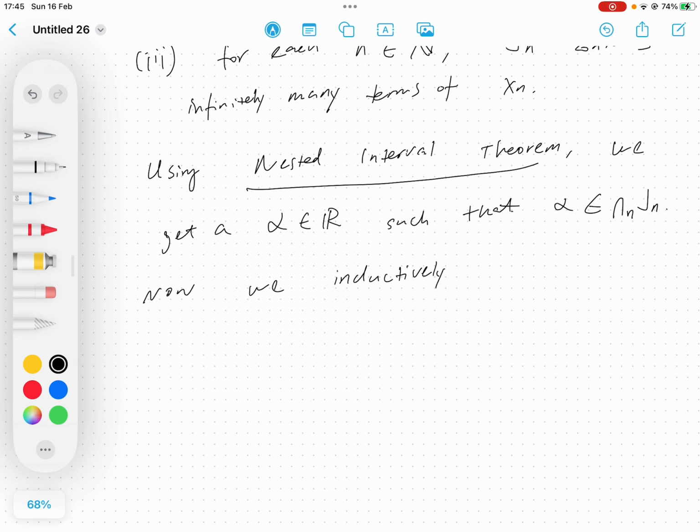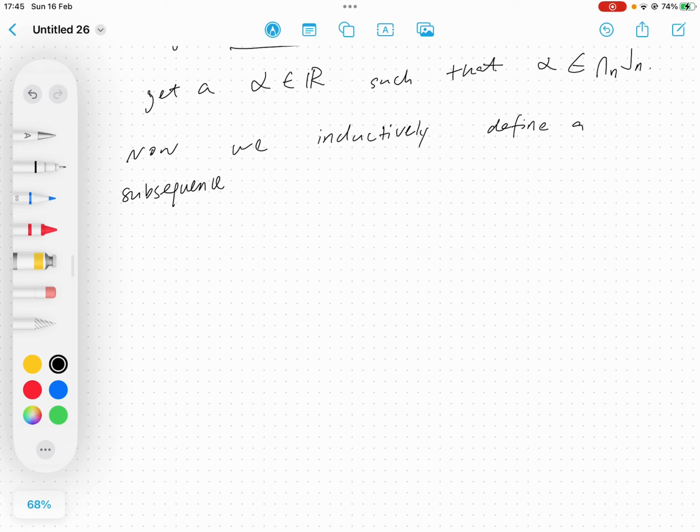So now we inductively define a subsequence, which has a limit, which will converge to alpha.